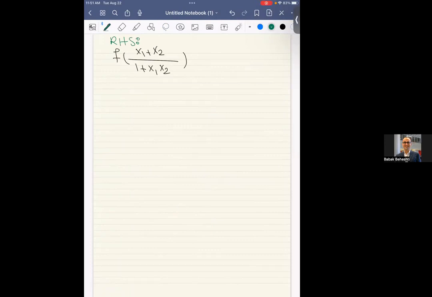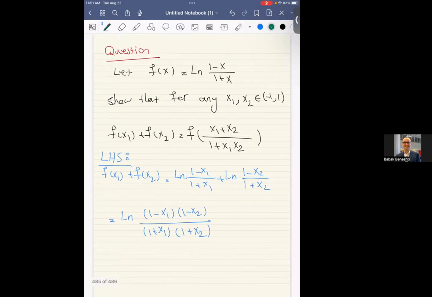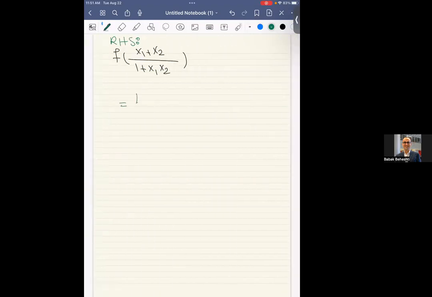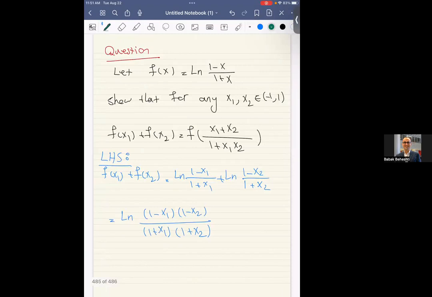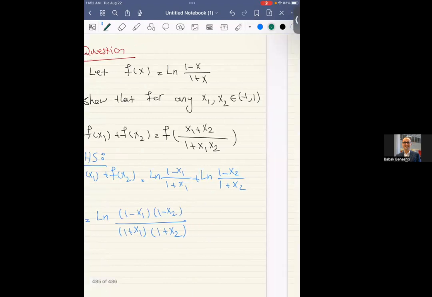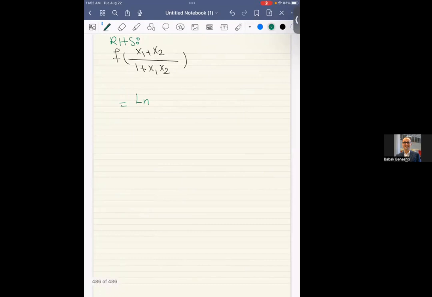So that is equal to ln of, so f of x is ln of (1 minus x) divided by (1 plus x). So f of this expression is ln of 1 minus, divided by 1 plus.